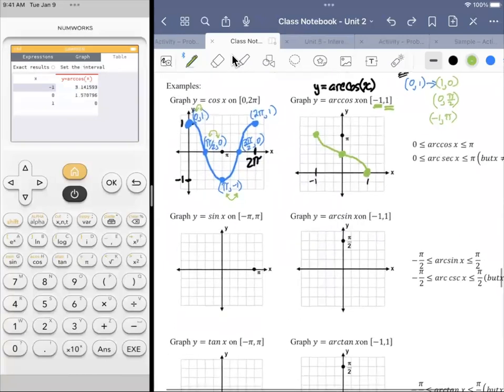The same is true for the arc sine. So if I do an ordinary sine function, here's pi over 2, negative pi over 2. I'm going to do this one from negative pi to pi.